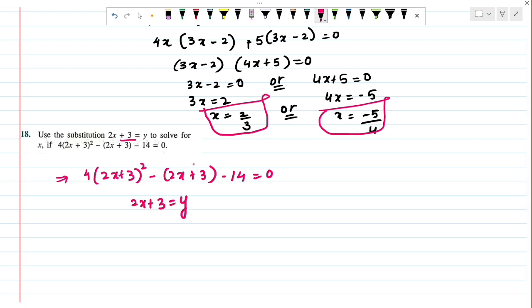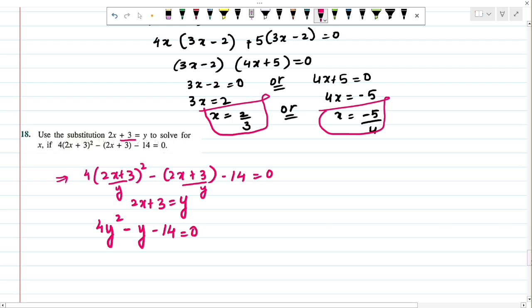So what I'll get here is, instead of this I'll write y, and instead of this I also write y. So 4y, this is square, right? So 4y square minus y minus 14 is equal to 0.